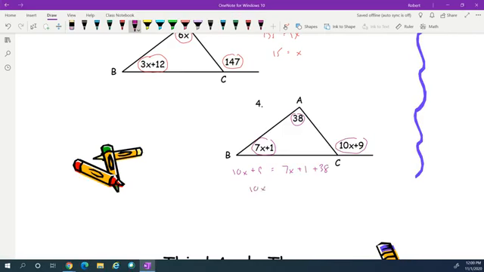And do your algebra, whatever is required now. So we're going to subtract, and I get 3x. I'm going to add 48, and x equals 16. And again, I can plug it in and do whatever I have to after that. So we have the exterior angle rule.